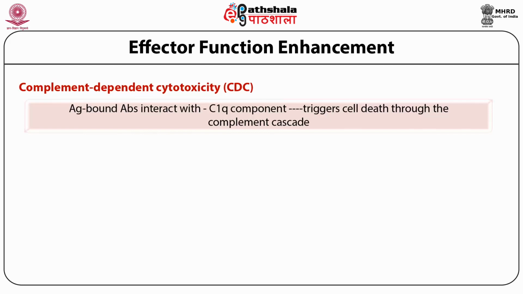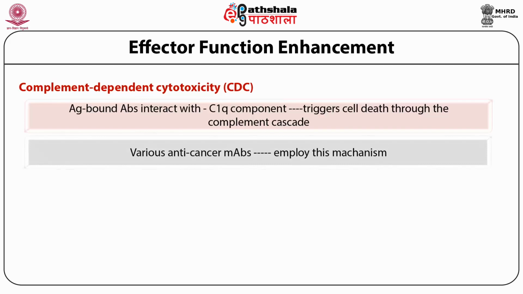So here we see that again the Fc portion of an antibody which is already bound to its antigen on, let's say, a pathogen or on a cancerous cell can bring about the destruction of the cell or the target through CDC. So there are various anti-cancer monoclonal antibodies which employ this mechanism.